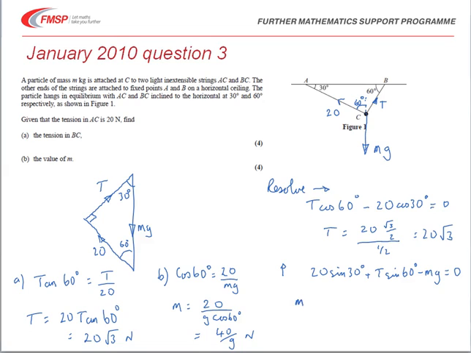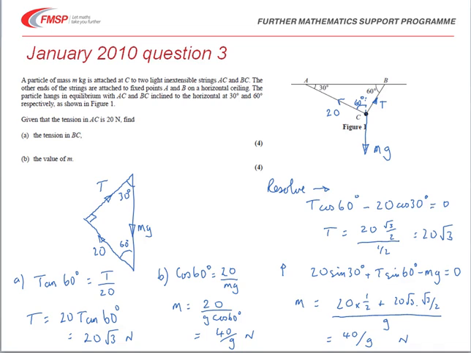So m is equal to 20 sine 30, so that's 20 multiplied by 1/2, plus T sine 60, T is 20 root 3, and sine 60 is root 3 over 2, so we've got 20 root 3 multiplied by root 3 over 2, divided by g. The top line there is 10 plus 30, so 40, so again we get 40 over g newtons.